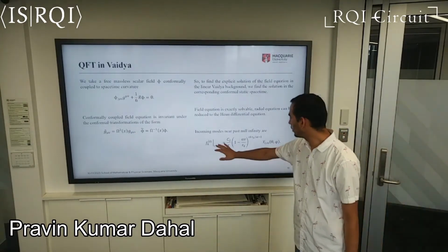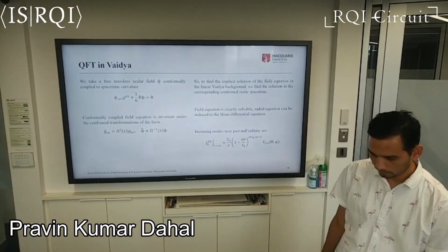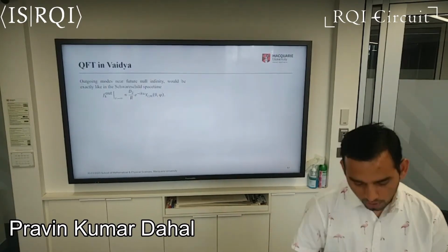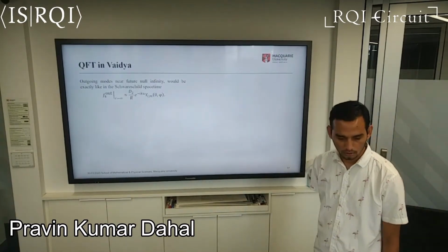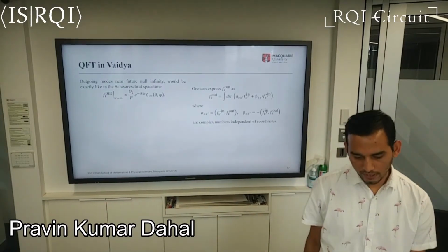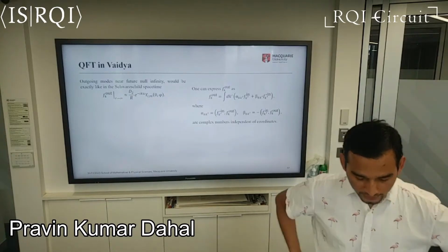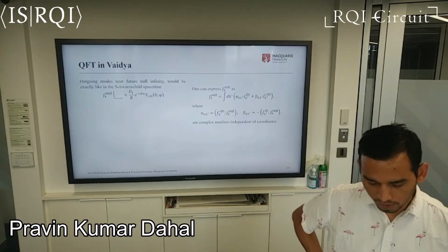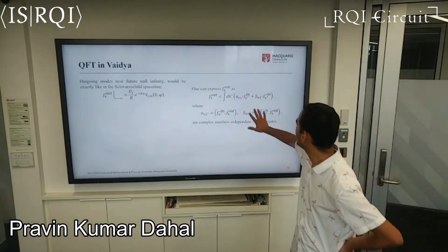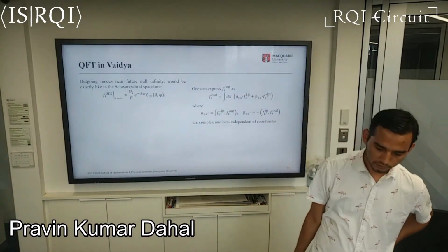So this is the incoming mode, which is different from the Schwarzschild case, but the outgoing mode is not so different, and one can express the outgoing functions in terms of the incoming functions because they form a complete basis.